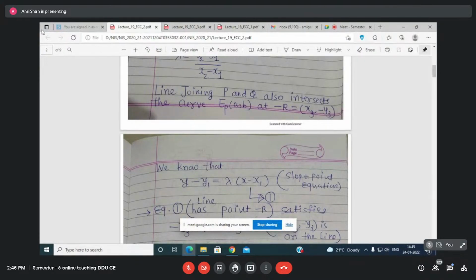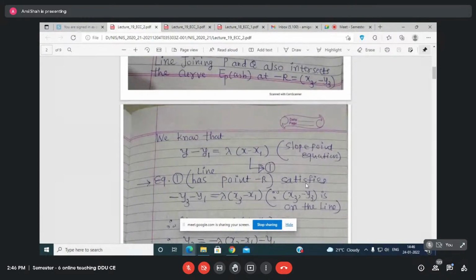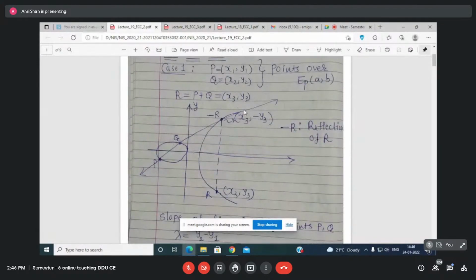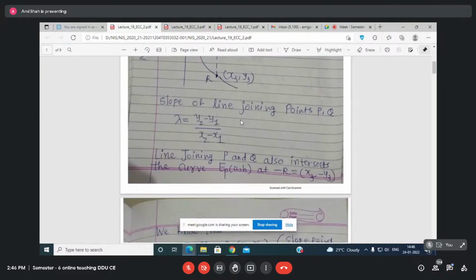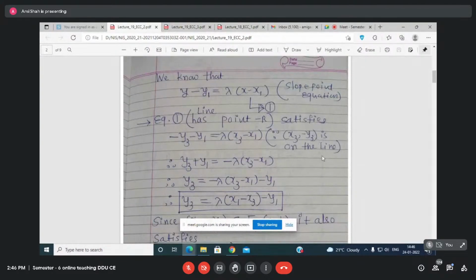So according to the equation of the line, you can write y minus y1 equals lambda x minus x1. It's the slope point equation. Now in this equation 1, the point x3 comma minus y3 is also on the line.